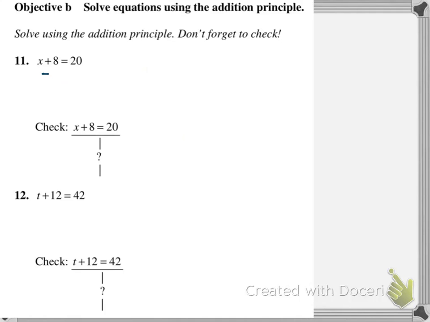So if I subtract 8, and what I do to one side I have to do to the other because we're dealing with an equation and we have to maintain the balance, then I'm going to get x plus 0, because 8 minus 8 is 0, equals 12, and 0 plus anything is going to be that original number, so x plus 0 is x. So we're saying that our answer is x equals 12.